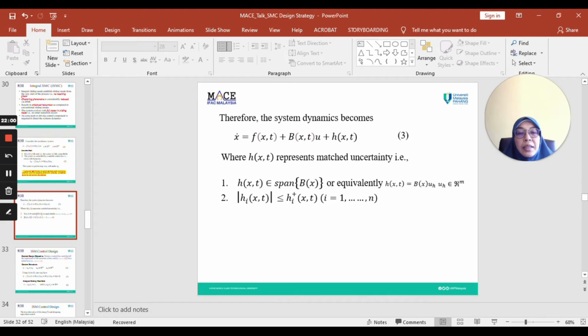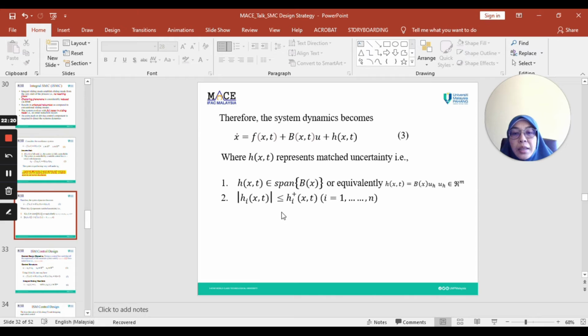So in this case we design the ISMC controller with matched uncertainty. Since it is a matched uncertainty, this H should be an element of the span of B, or equivalent to this, and it has a limit.